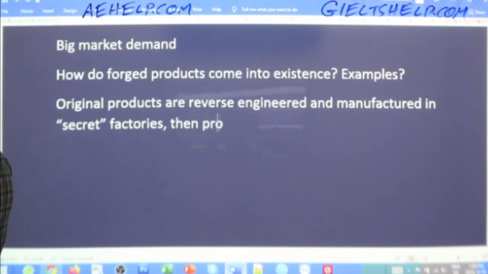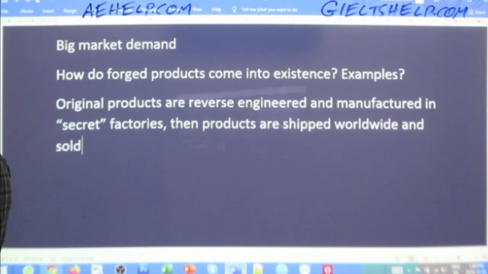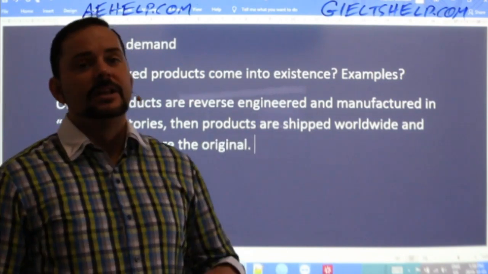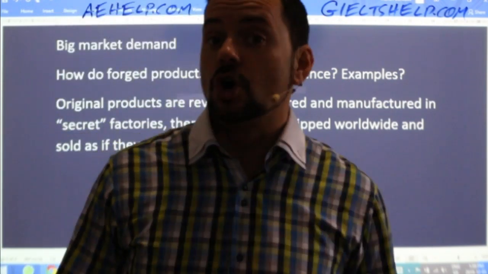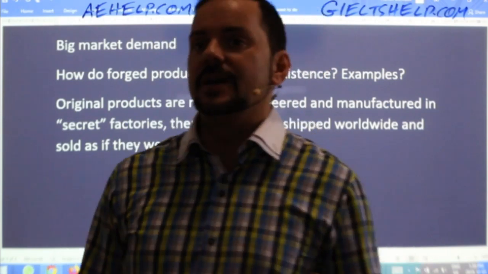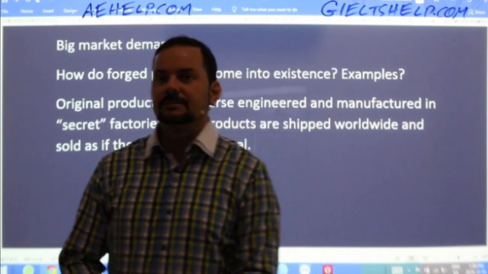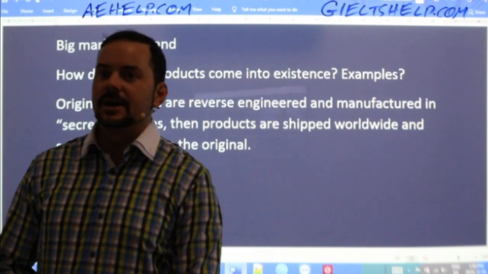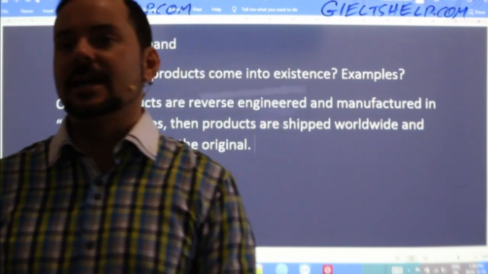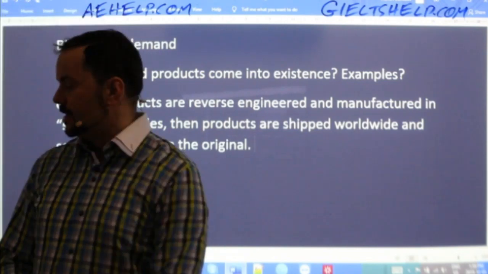Then products are shipped worldwide and sold as if they were the original. So that's how they come about, right? And there are actual people that specialize in what's called reverse engineering of products so that they can copy them. Okay. Yeah, so Kisi says they buy the real product, they reverse engineer it, then they replicate it, and then they sell it as the original worldwide.